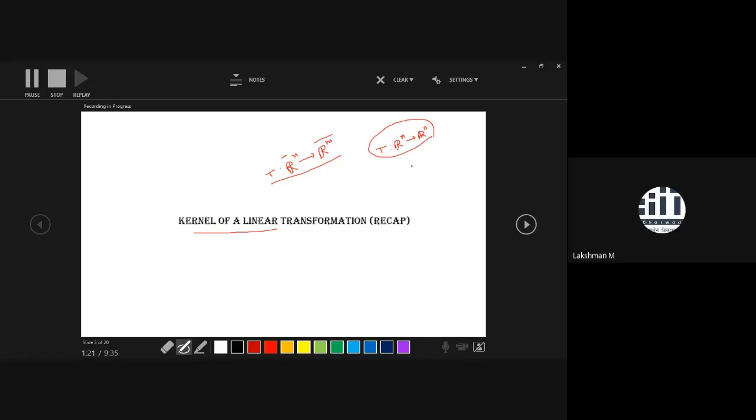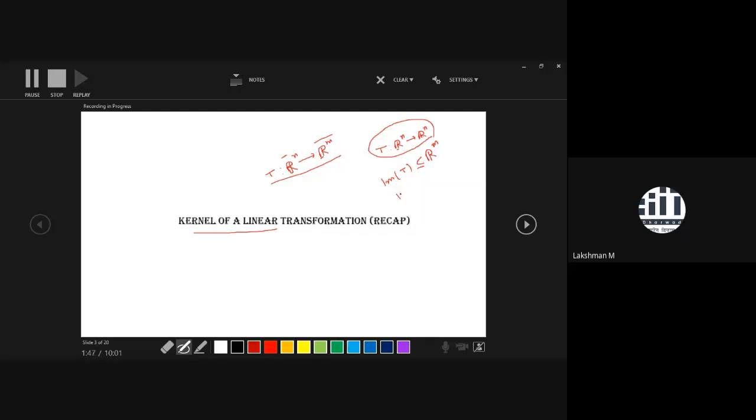Till now many examples you have already seen. What is the image? The image of a linear transformation is a subset of the target space Rm, and the kernel happens to be a subspace of the domain space.